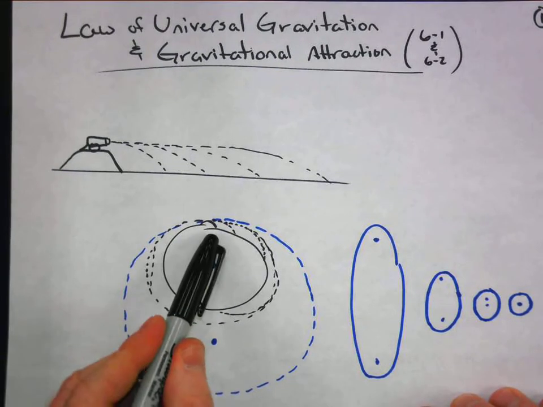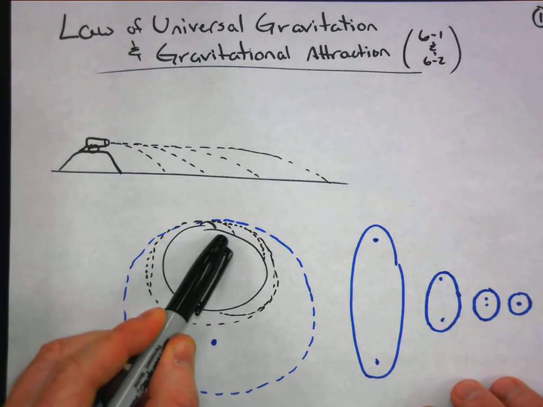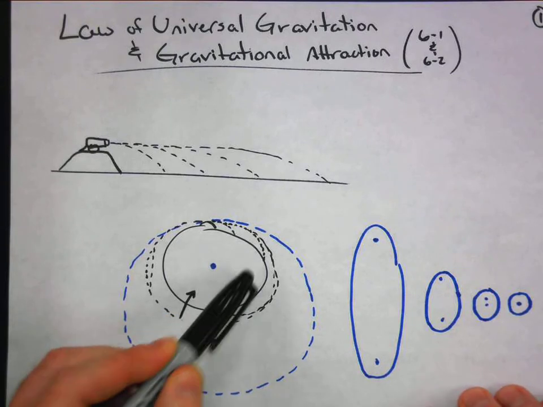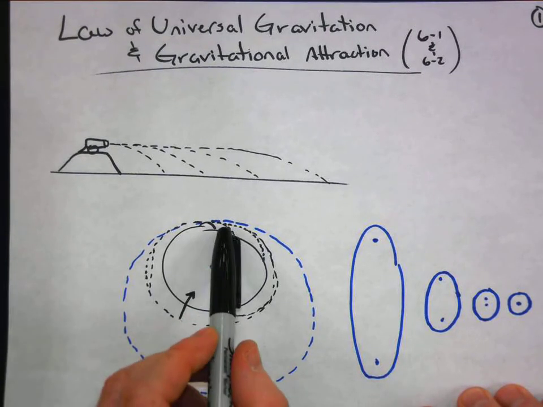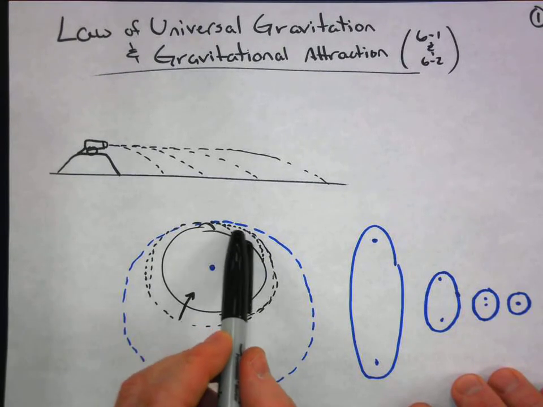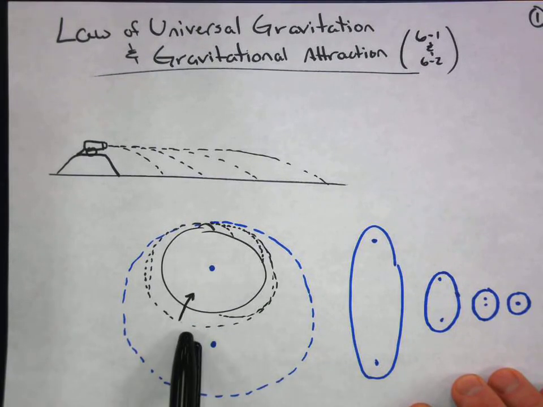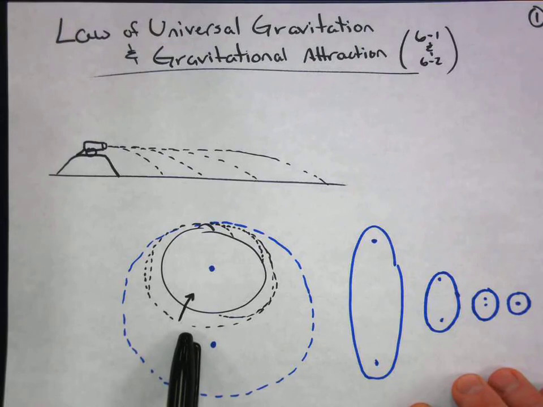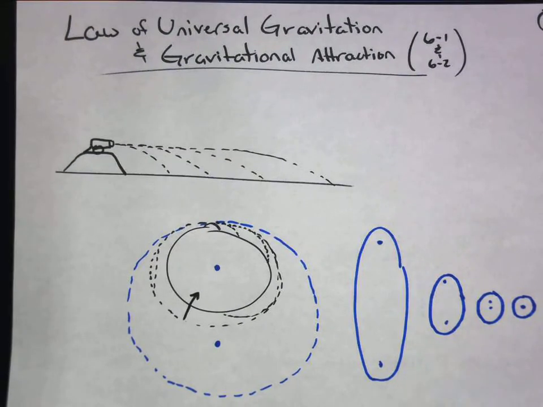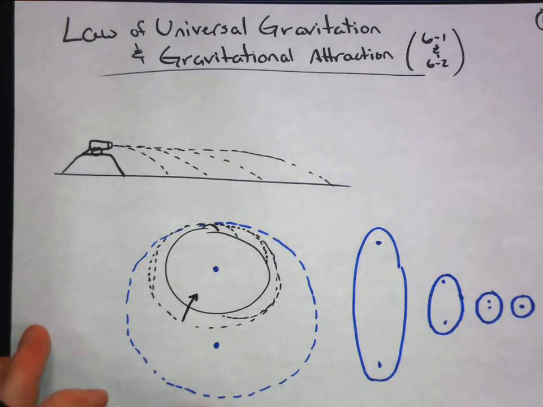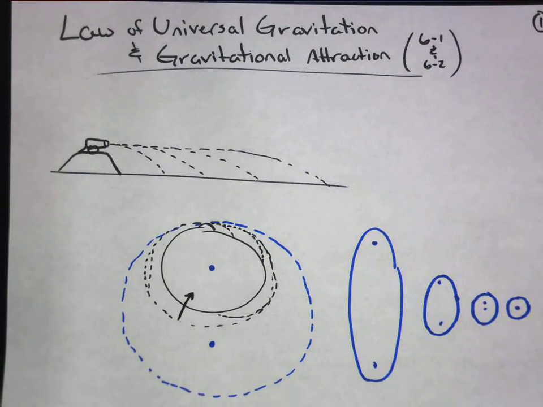But on a larger scale, if we can envision the entire Earth, Newton realized that the horizontal launch, if it were fast enough, would allow the projectile to completely miss Earth as it fell. It would be considered orbiting the Earth at that point. And part of Newton's genius was that he realized this is precisely what the moon does.